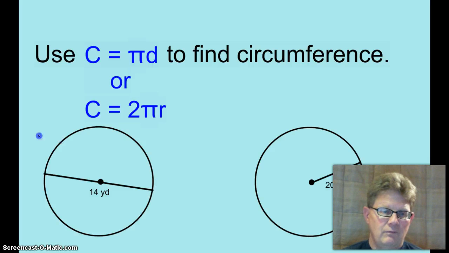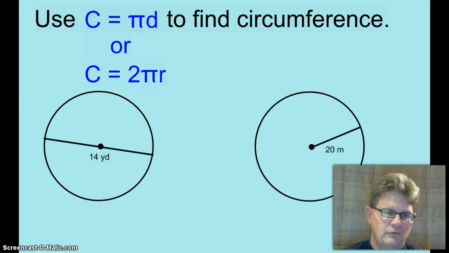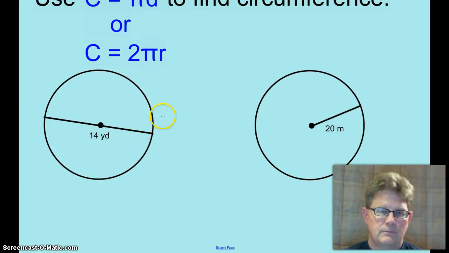So what is the circumference of this circle? Okay. Since this one is giving you a diameter, you're going to use circumference equals pi times diameter. Circumference equals pi times 14.